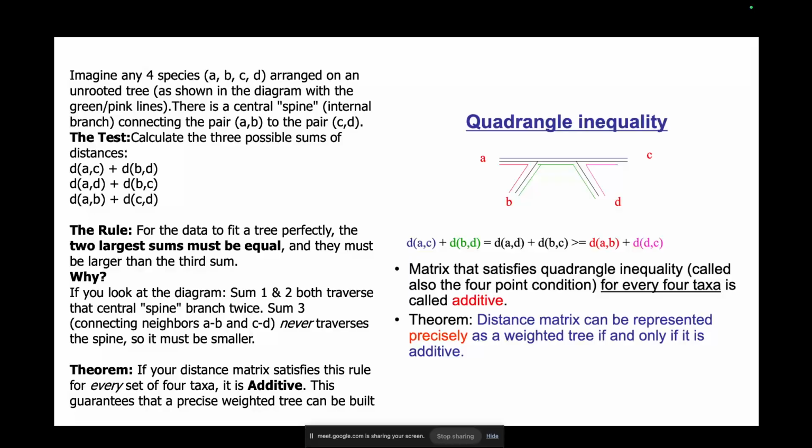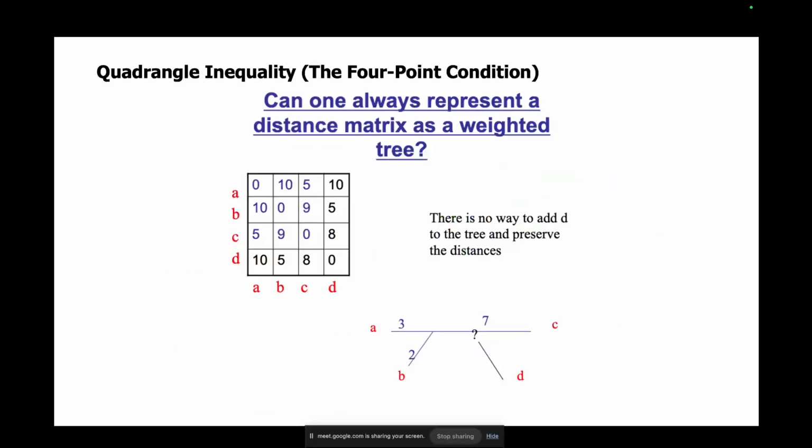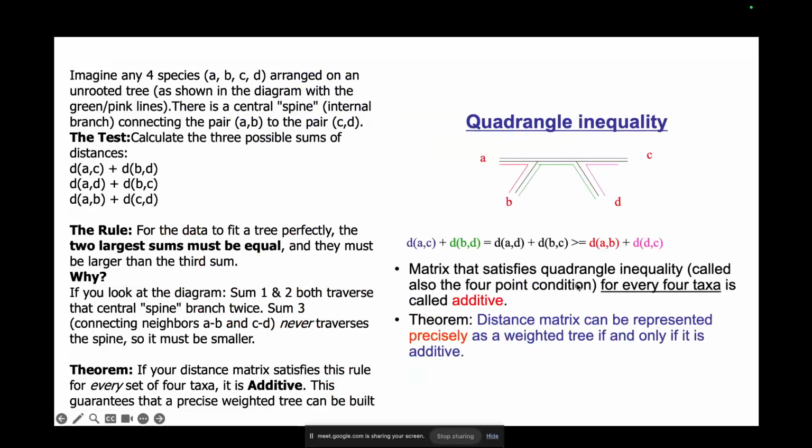a weighted matrix. So the weights, as I was saying, convert a weighted matrix into a tree. This particular condition needs to be satisfied. You cannot convert data to a tree perfectly unless you have this.